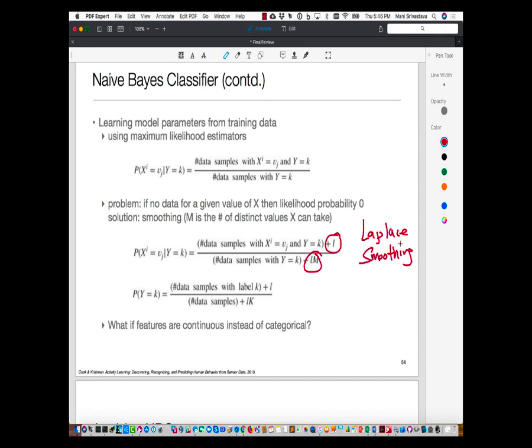The top version would be, I flip the coin, you observe how many heads and tails I got, and you estimate the probability of head to be number of heads divided by number of flips. Except it may happen, unluckily, that no tail ever comes. In that case, you're saying that tail is 0, so it will have no impact. You will get probability of head to be 1, probability of tail to be 0.